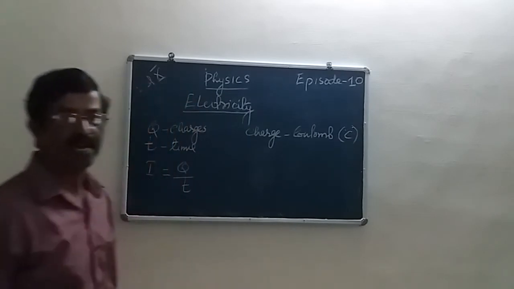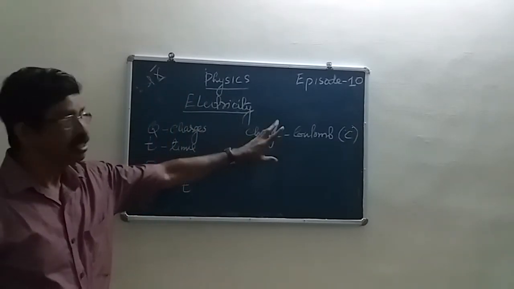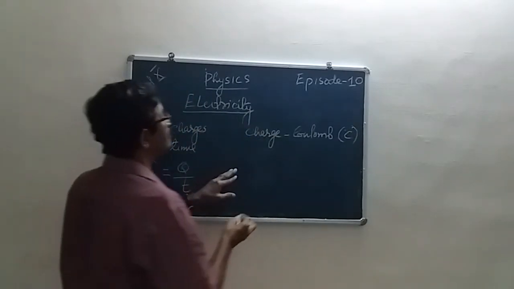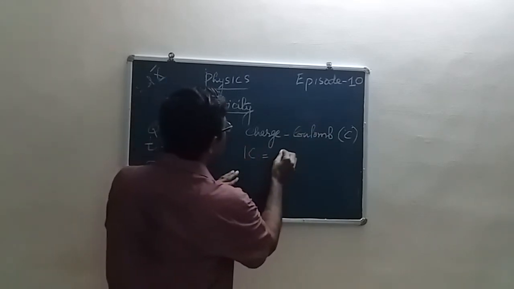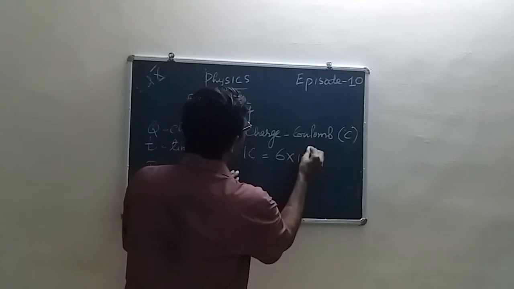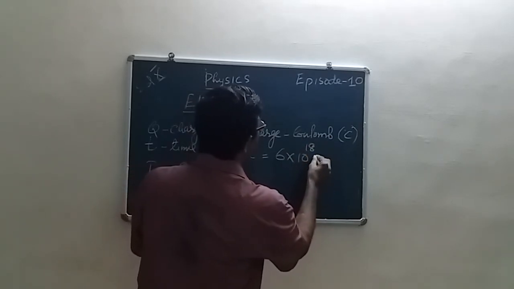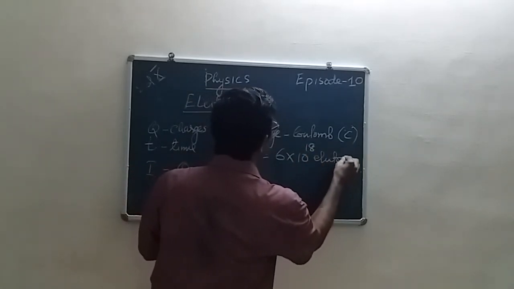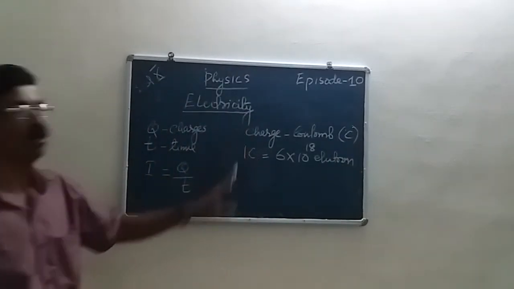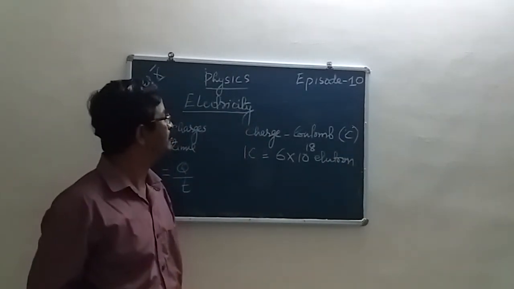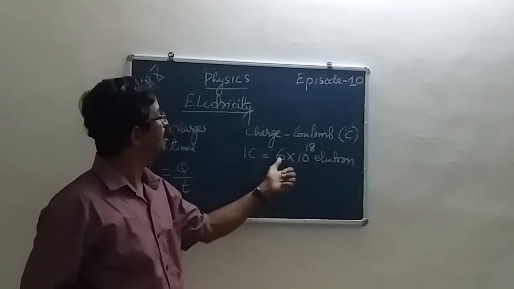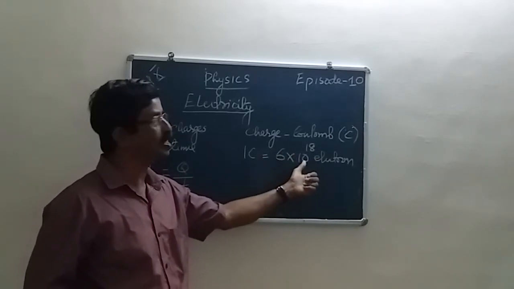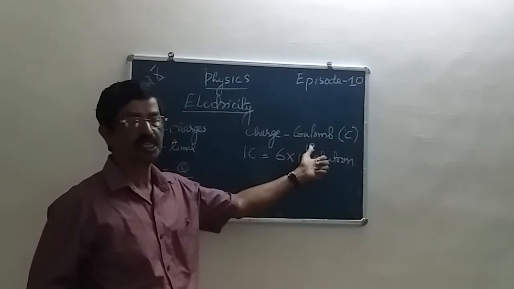See, and 1 coulomb is equal to 6 into 10 to the power 18 electrons. That is, 1 coulomb is the charge of this many electrons, that means 6 into 10 to the power 18 electrons.